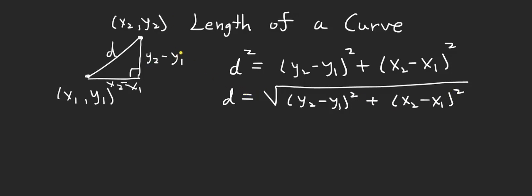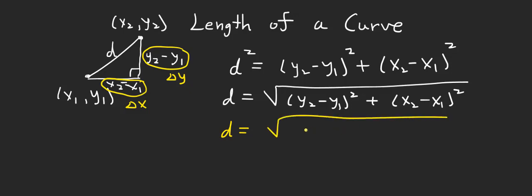Now, I'm going to call this right here delta y because that is a change in y. And I'm going to call this delta x because that is a change in x values. So when we substitute, we end up getting d equals the square root of delta y squared plus delta x squared.